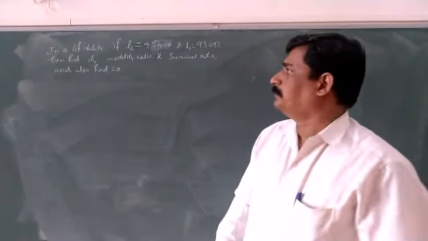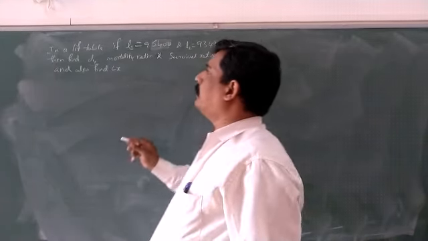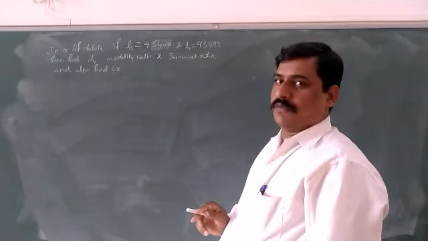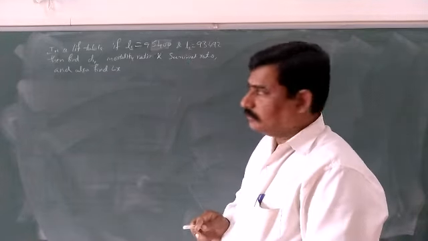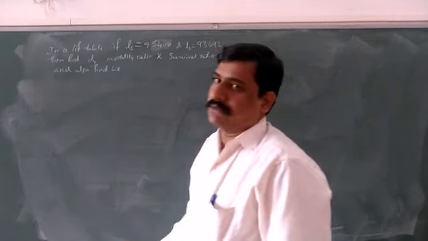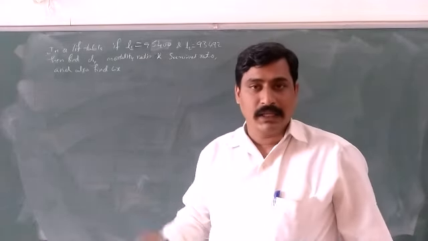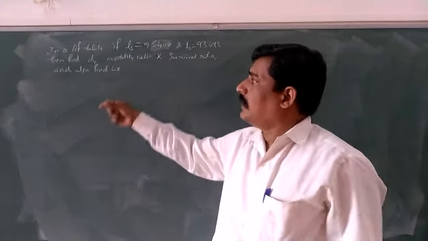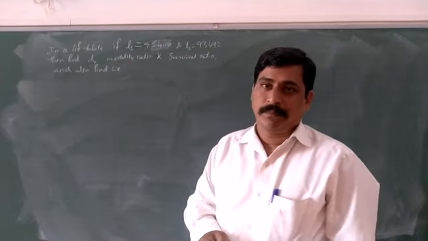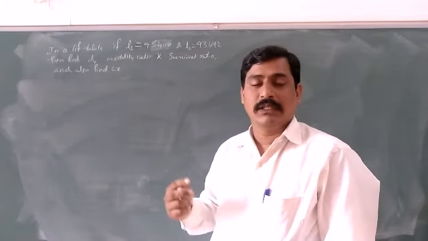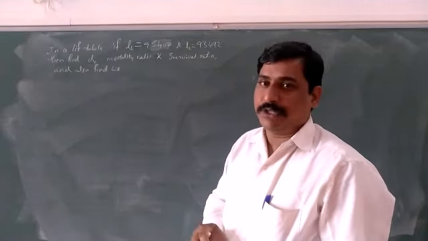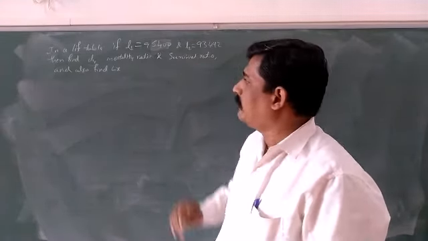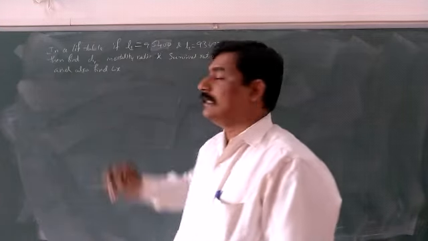Here we have a problem. In a life table, if L1 is 95,400 and L2 is 93,492, then find D1, that is deaths at age 1, how many are deaths. Next find the mortality ratio and survival ratio, and also find Lx.